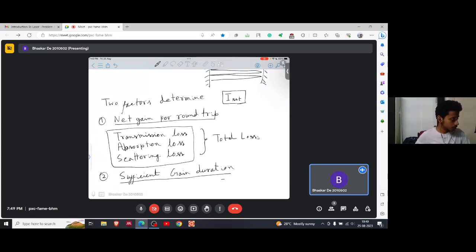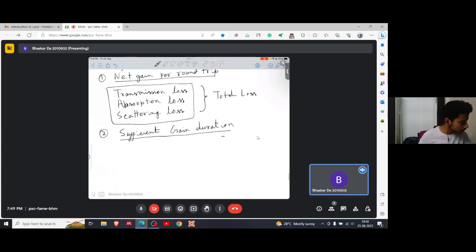So the gain duration, which is generally denoted by TS, must last long enough to allow a sufficient number of passes of the beam through the amplifier in order for the beam to reach I set.